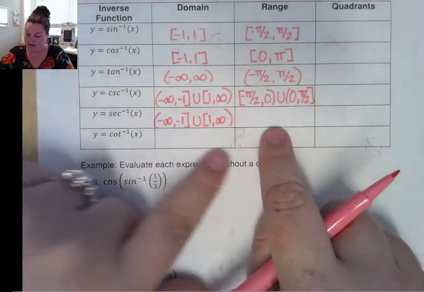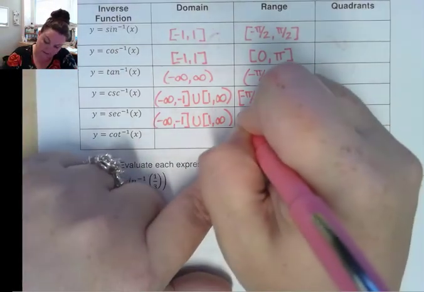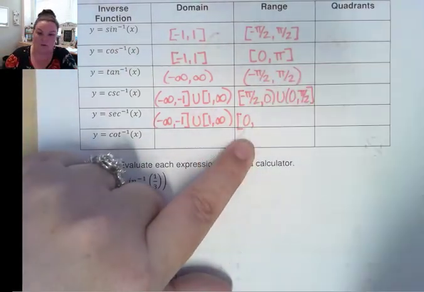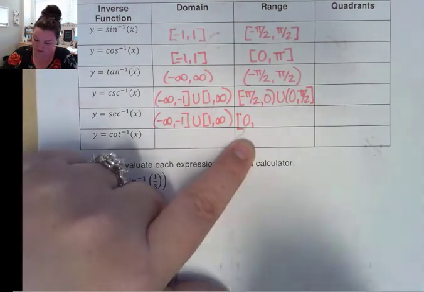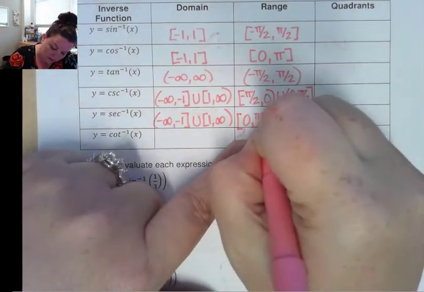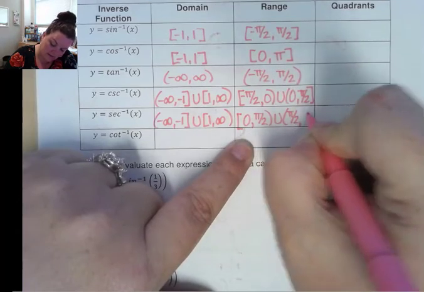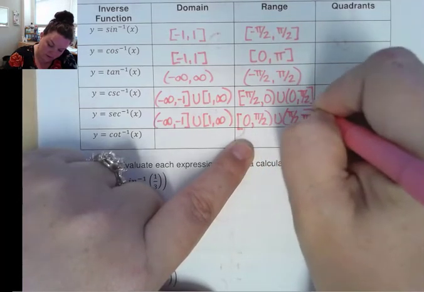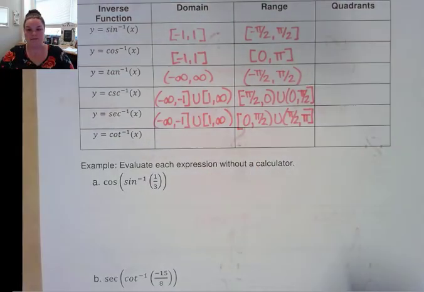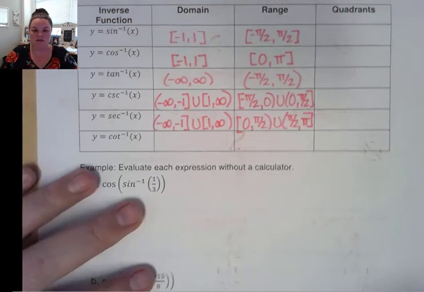And then our range was from 0 up to pi, but we have to take out the asymptote that was at pi over 2. So when we take it out, make sure you use parentheses up to pi, which is included. Okay? All right, let's look at our last one.